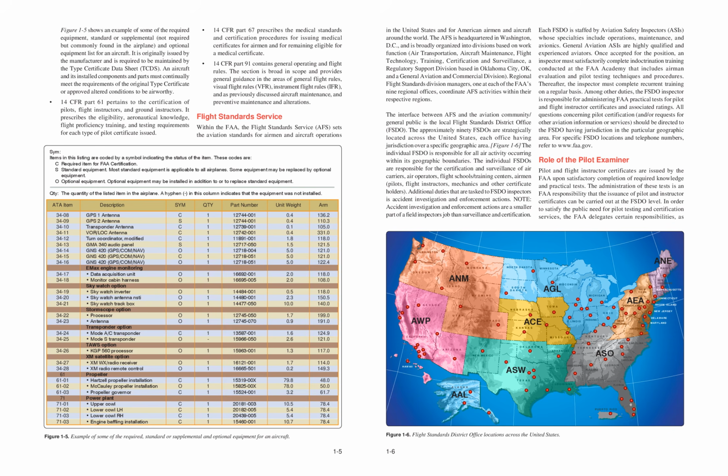ASO. South Carolina. ALASKA. AW. ASW. TEXAS. Mississippi. GEORGIA. Alabama. LOUISIANA. Florida. PUERTORICO. Figure 1-6. Flight Standards District Office locations across the United States.